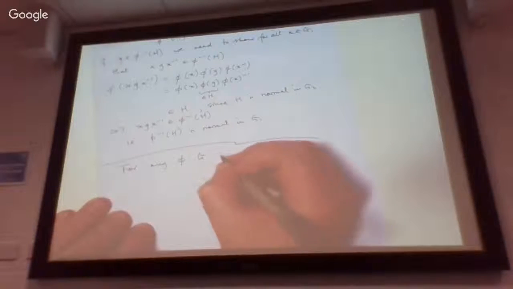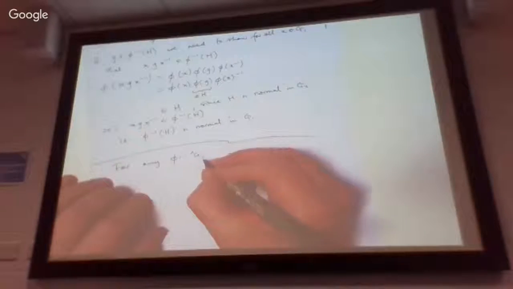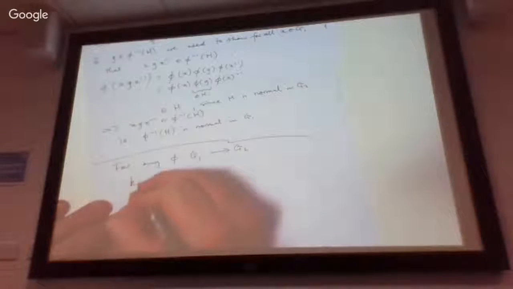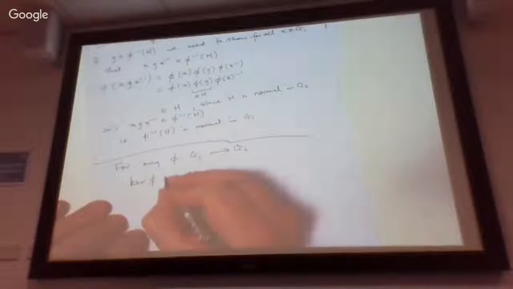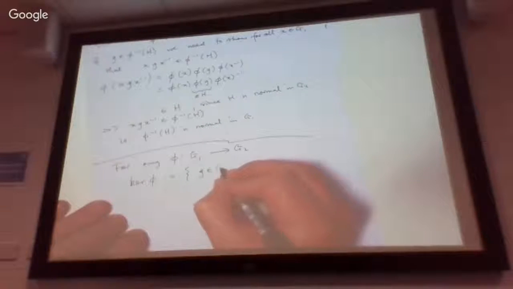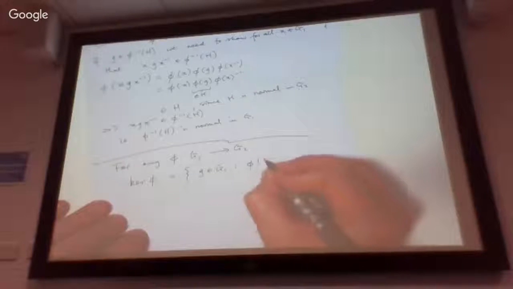So for any homomorphism of groups phi from G1 to G2, the kernel of phi, which by definition consists of everything in G1 which gets sent to the identity.